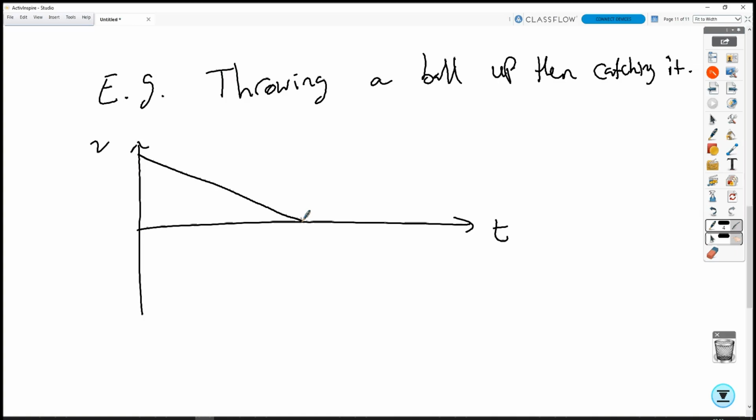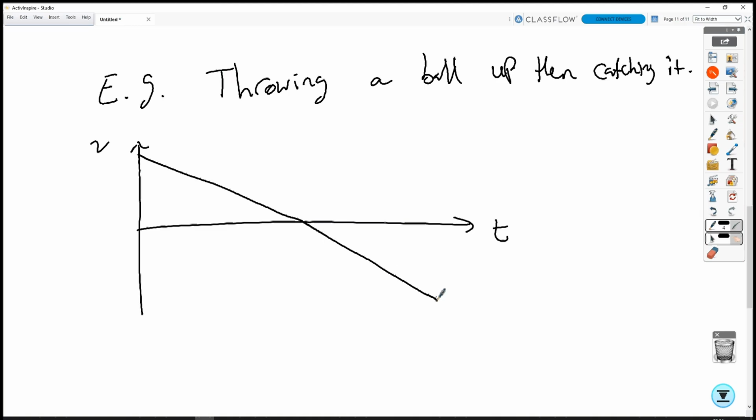After the ball reaches the top and it's stopped, it's got 0 velocity, it then accelerates downwards, or continues to accelerate downwards, and its magnitude of velocity increases in the negative direction. Again, with constant accelerations, we carry on as a straight line.